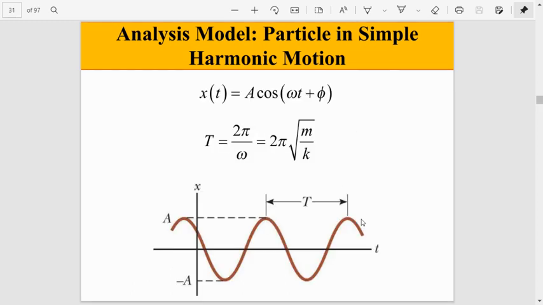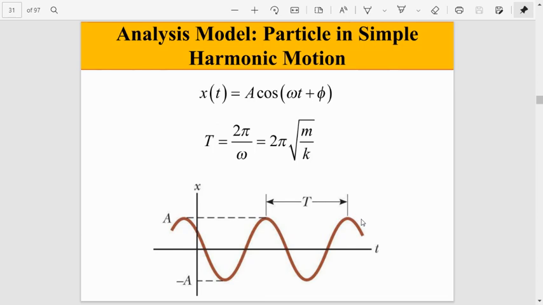As long as you know that an object is undergoing simple harmonic motion, you can always describe its displacement with the cosine formula we've seen before, and its period and frequency can be defined accordingly.